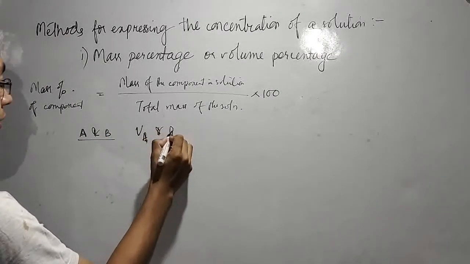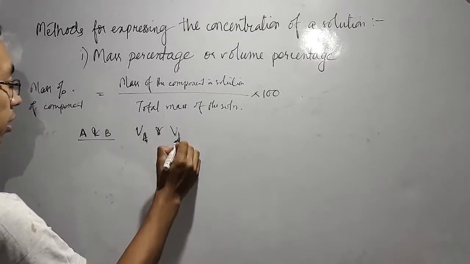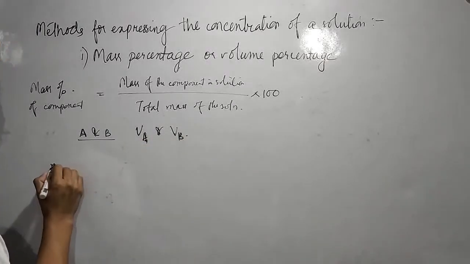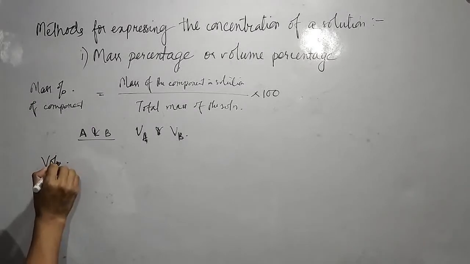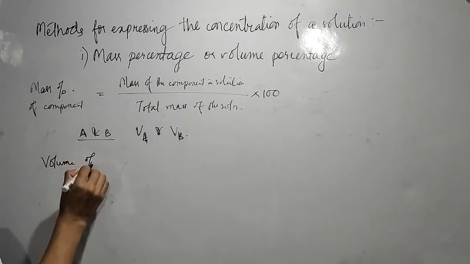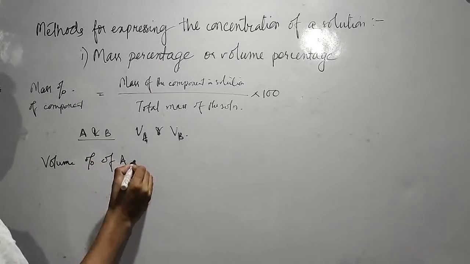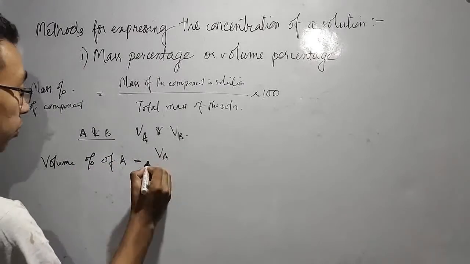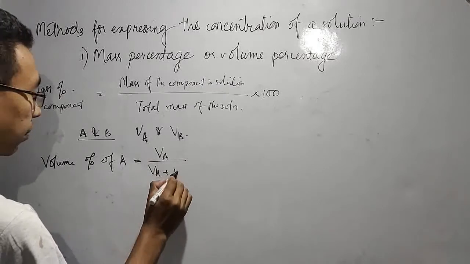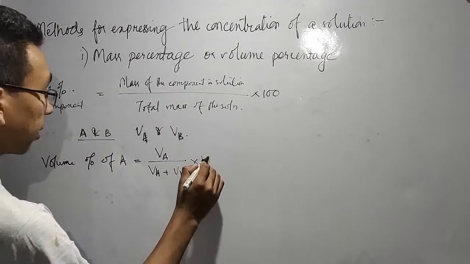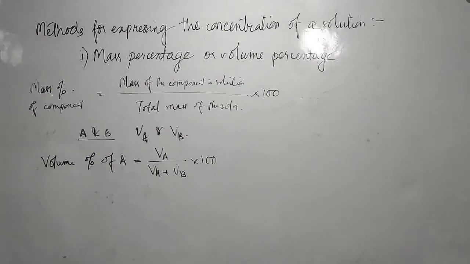Then the volume percentage of component A will be volume of A divided by volume of A plus volume of B, multiplied by 100. That is how we find the volume percentage for any component in the given solution.